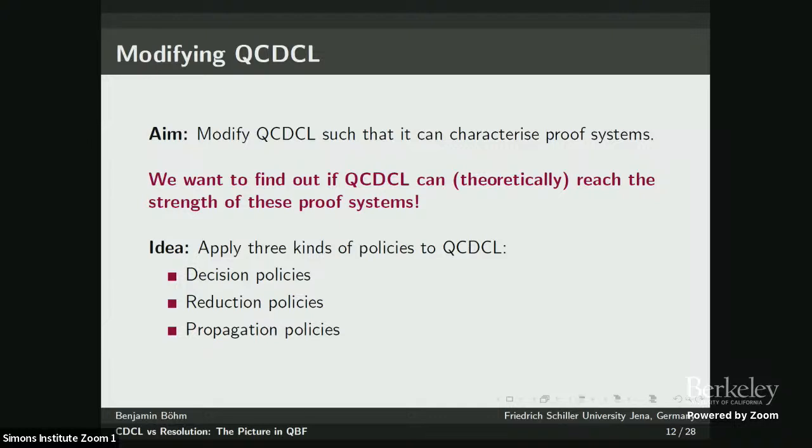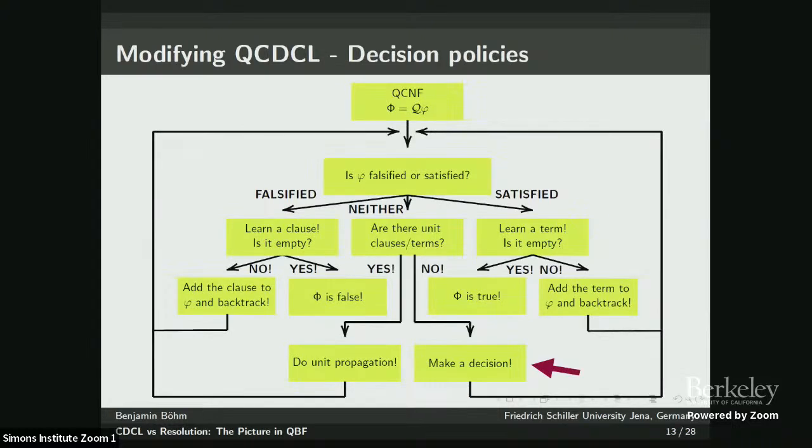For this, we applied three kinds of so-called policies, which are just modifications to QCDCL. These are decision policies, reduction policies, and propagation policies. I will go through all of these, explain how they work and where they work. Let's start with decision policies.